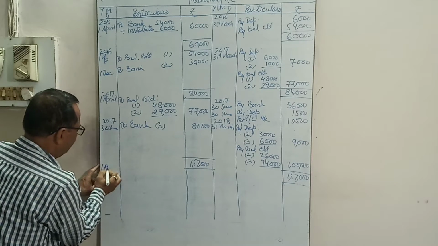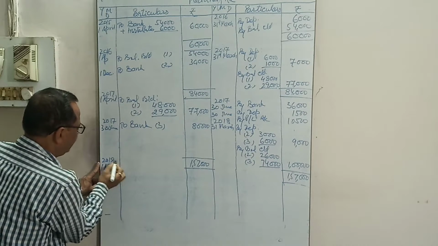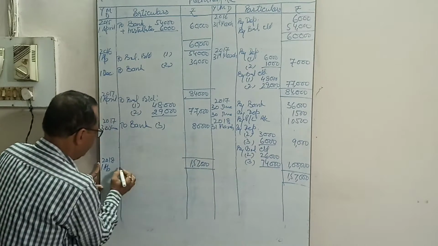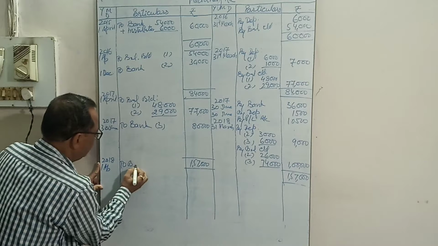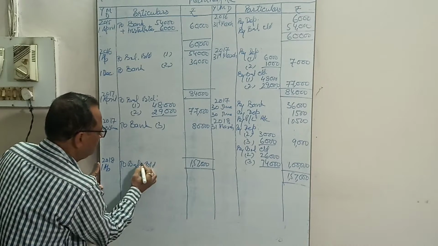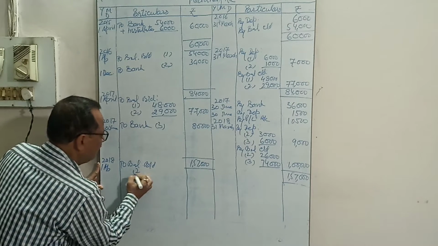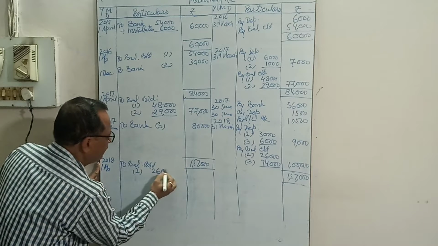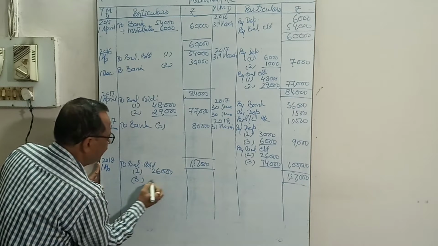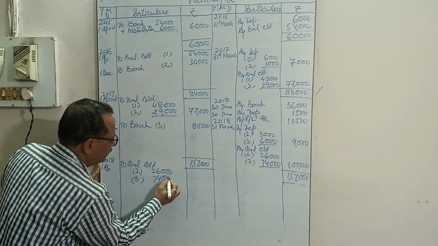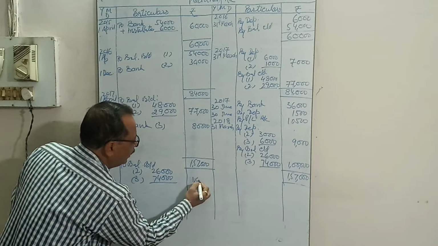On 1st April 2018, this was 31st March 2018, to balance brought down. Second machinery 26,000 and third machinery 74,000. Total 1 lakh.